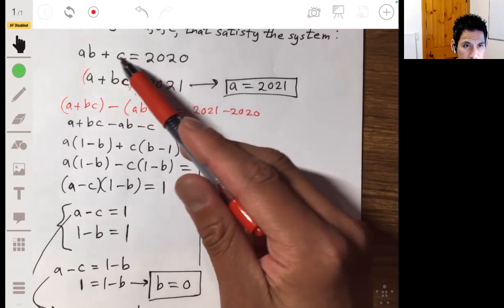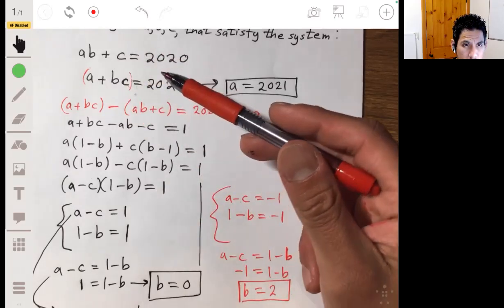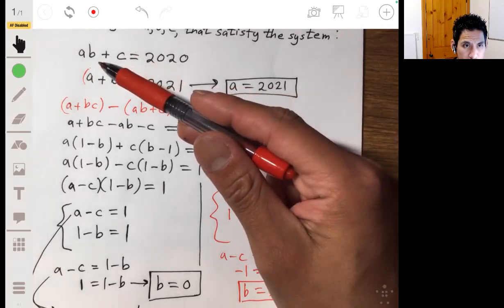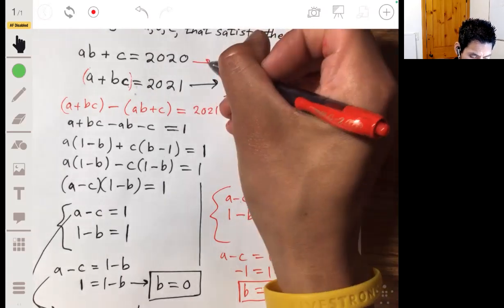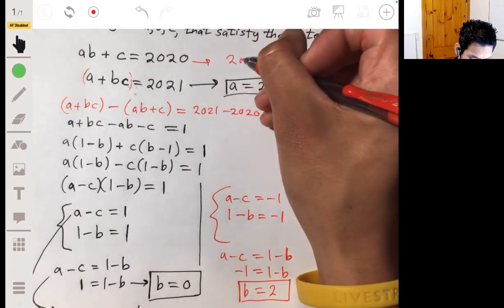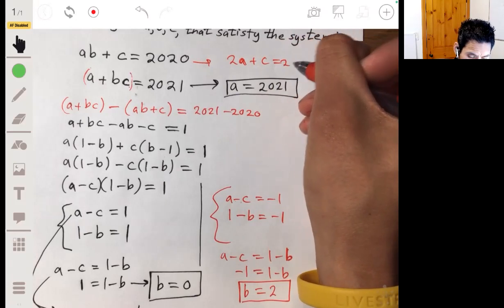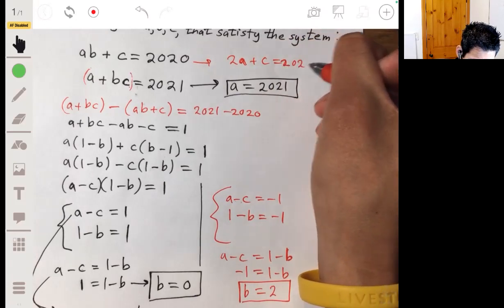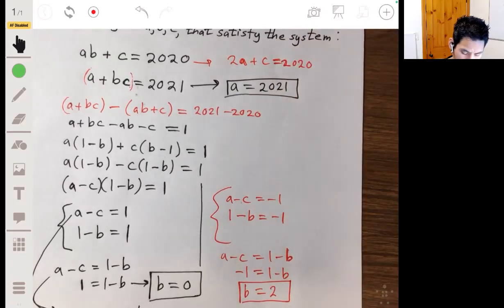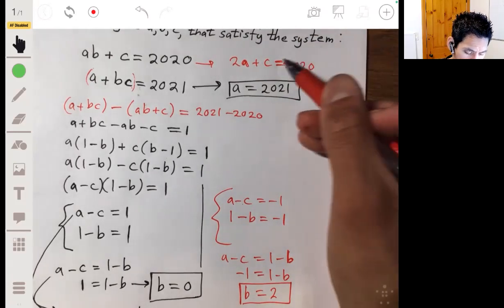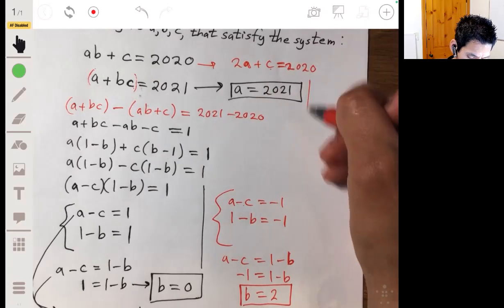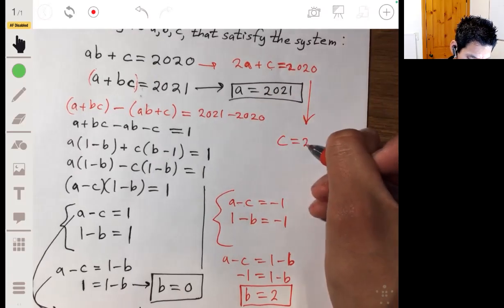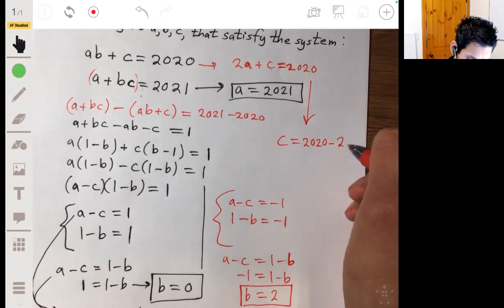So if b is 2, we'll have 2a plus c equals 2020. And then we can have that c equals 2020 minus 2a.